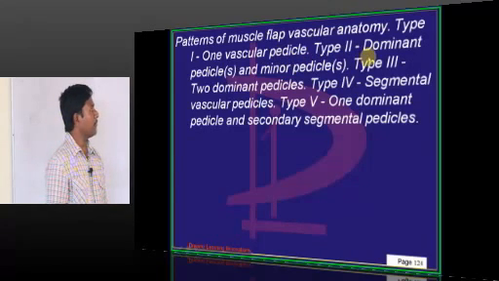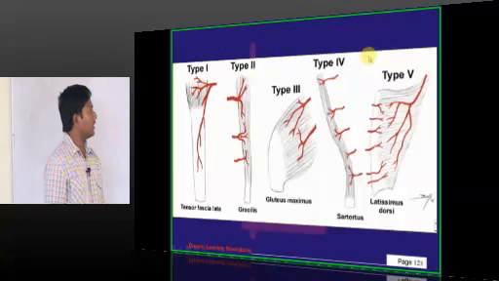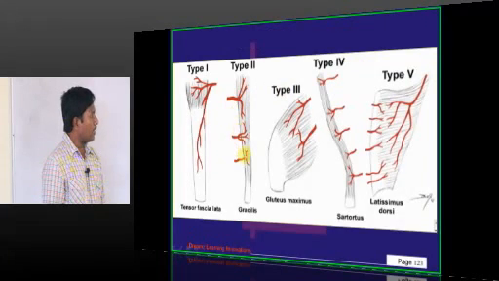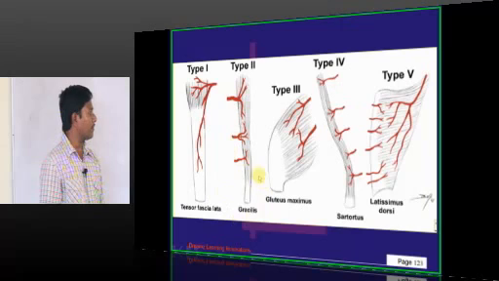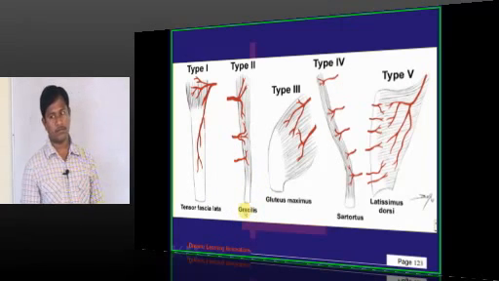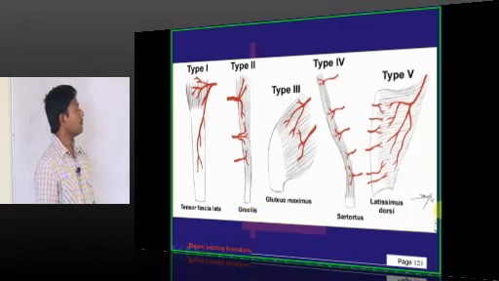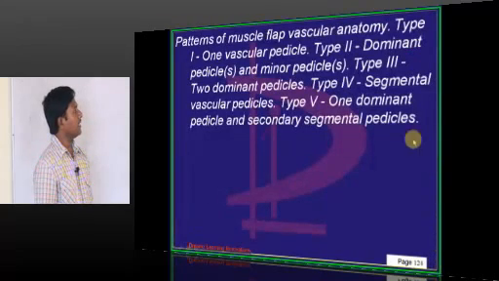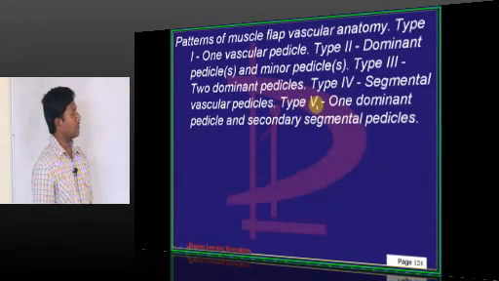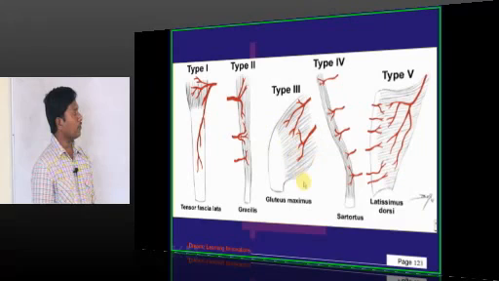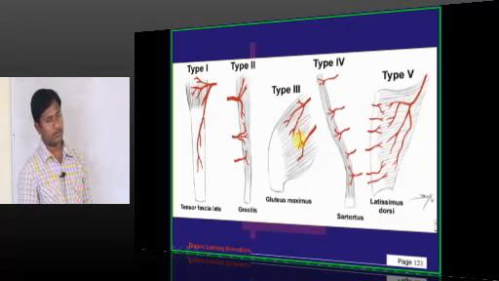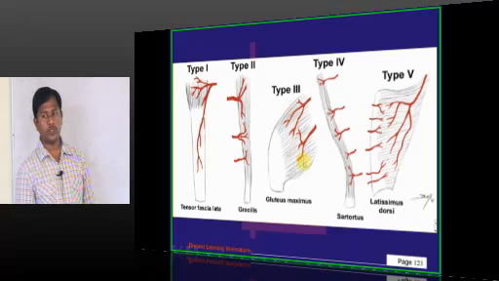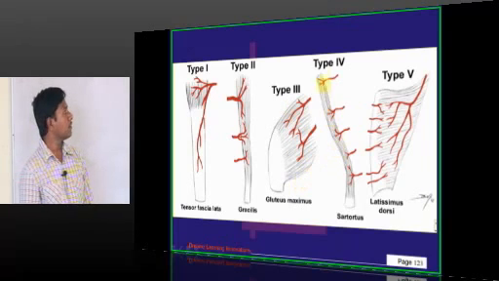Type 2 is based on one dominant vascular pedicle and other minor ones, commonly seen in gracilis. Type 3 is two dominant pedicles like gluteus maximus, where you have superior gluteal and inferior gluteal. So type 3 is two dominant vessels.